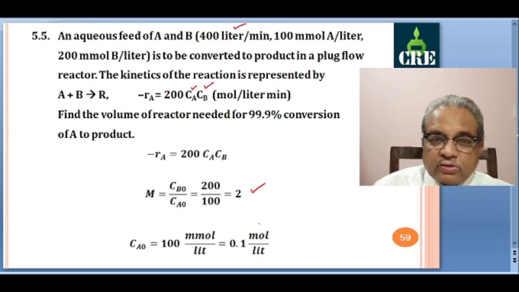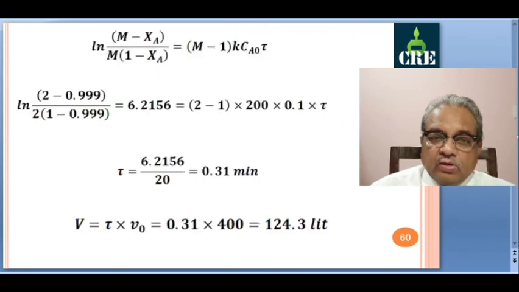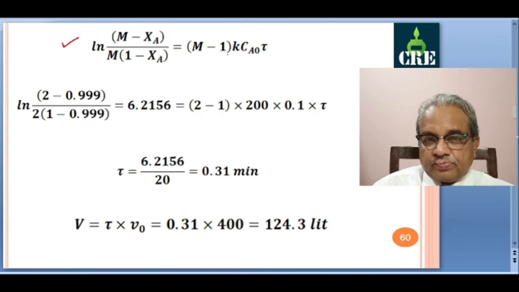For this second order reaction, we have from the interpretation of batch reactor data: ln of (M minus Xa) by (M into (1 minus Xa)) is equal to (M minus 1) k Ca0 t, valid for M not equal to 1. Here we use tau instead of t, the model is the same.